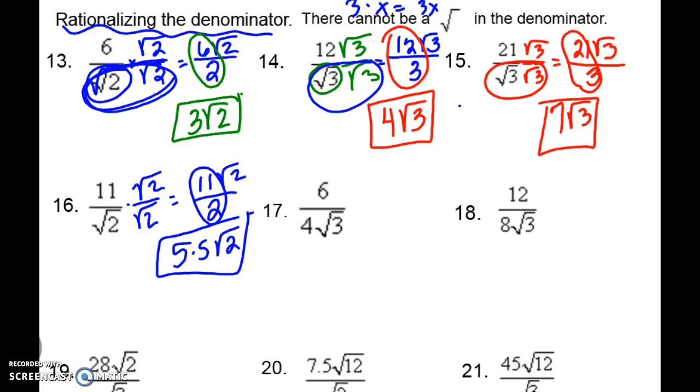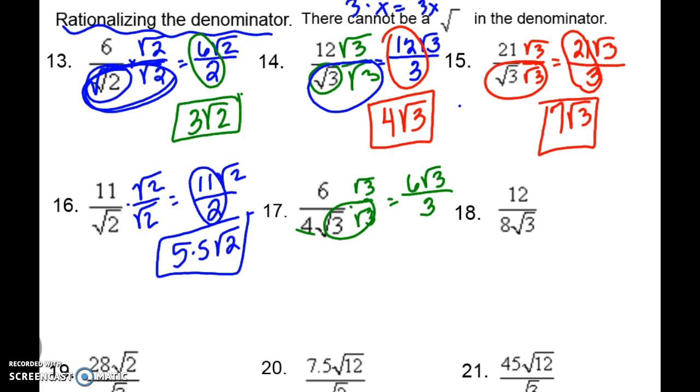Okay? What's different about number 17? Good. There's this extra number right here. Ignore it until the very end. Okay, if you ignored it like it wasn't there, what would you do first? Good. We would multiply by the square root of 3, right? So here I would have 6 square roots of 3. I have a pair, so that pair gets to come out.